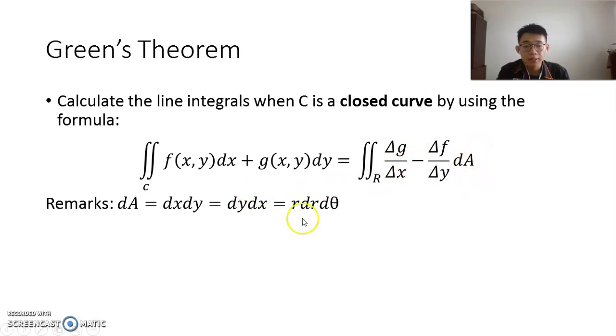And dA here can be dx dy or dy dx or r dr dθ, depending on the equation given in the question, and we're going to choose depending on suitability.